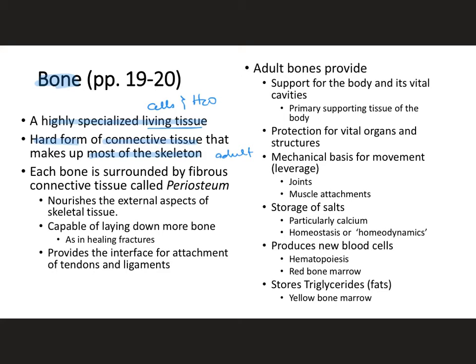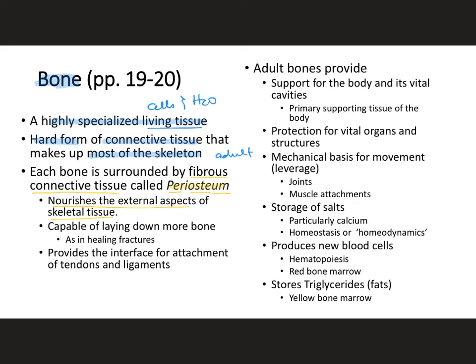Bone is covered by a tissue membrane called the periosteum, which literally means I'm around the bone. Oste is bone, and peri is around. This is a fibrous connective tissue, and it's going to provide nourishment to the external part of the skeletal tissue. So the cells closest to the outside.